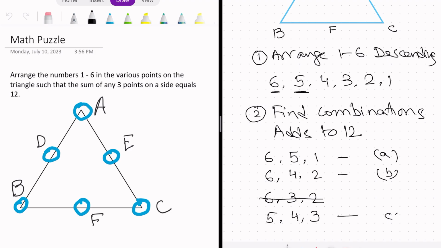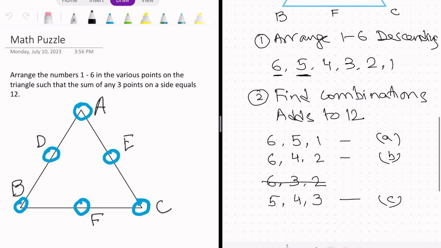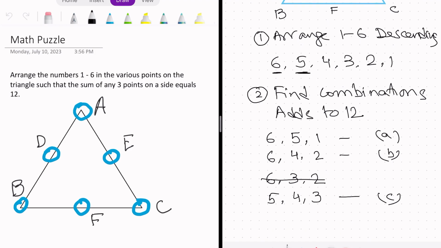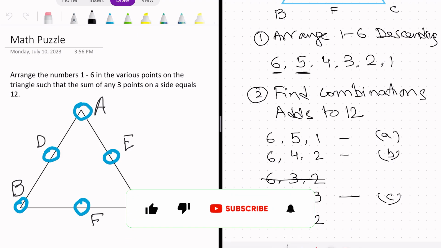Could there be any other combination possible? If I take 5 and the next highest number after 4, which is 3, that makes 8, and the next highest number is 2, it will be 10, which is less than 12. So any other combinations with 5 will not work.